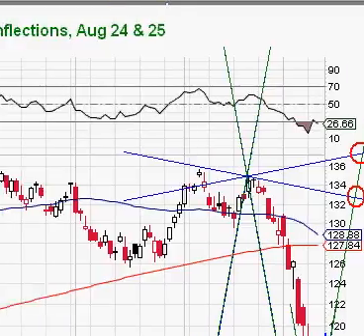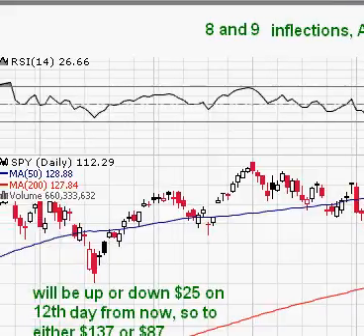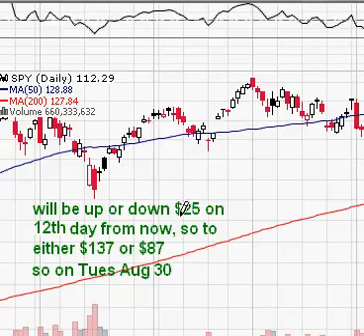Now, you may also have noticed this little note here off on the side. You can pay attention to this or not, but I was looking at the square of price and time, which is a time-honored concept, and my take on it is that on or about Tuesday, August 30, either that day or the day before or the day after, you have to allow plus or minus 1 day on this, price will be either at 137 or at 87.